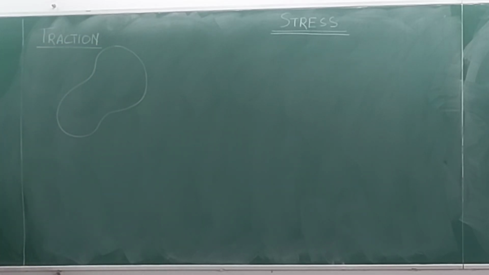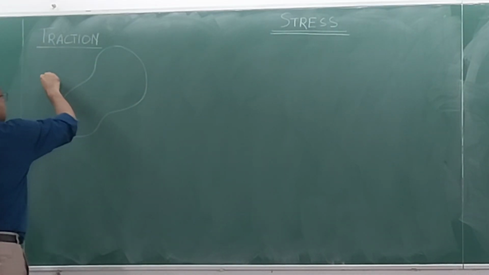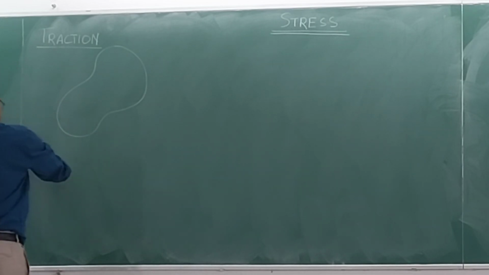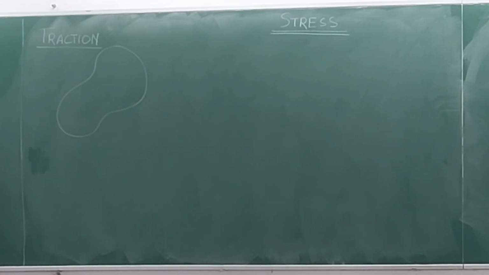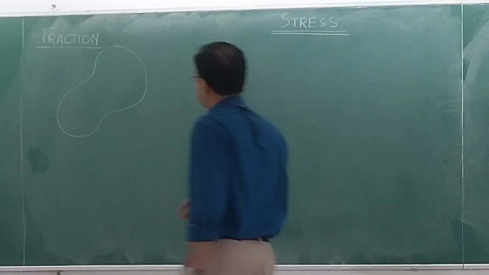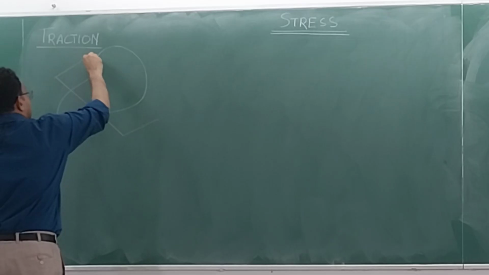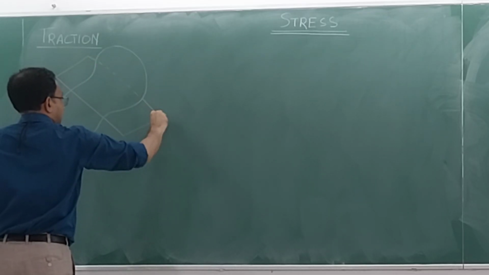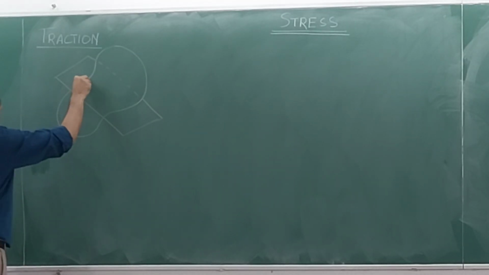So we have this three-dimensional potato, and what we'll do is we'll take a cut through it. When we take a cut through it, it will divide it into two regions.